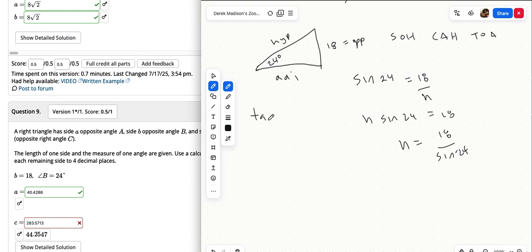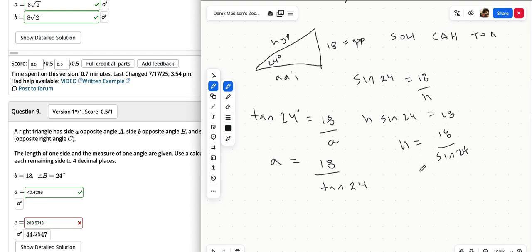Or you could do tangent of 24 equals opposite, which again was 18 over adjacent. I'll just call that one A this time. I should use a lowercase so it's not the angle. And then same math as before. Multiply up the A and then divide over the tangent 24. And that would get you the adjacent.